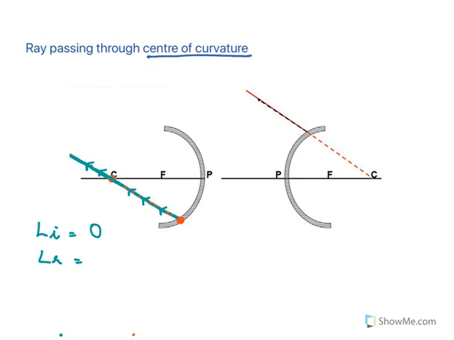Now for the convex mirror, we have the center of curvature here, and the ray is heading towards the center of curvature, and the point of incidence is out here. The normal will be the line through the point of incidence and the center of curvature. So this will be your normal.